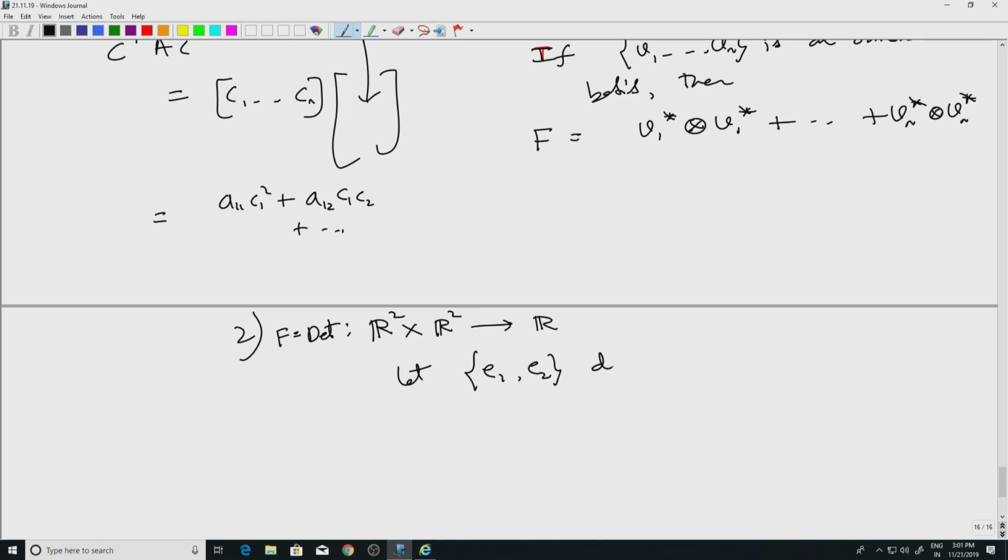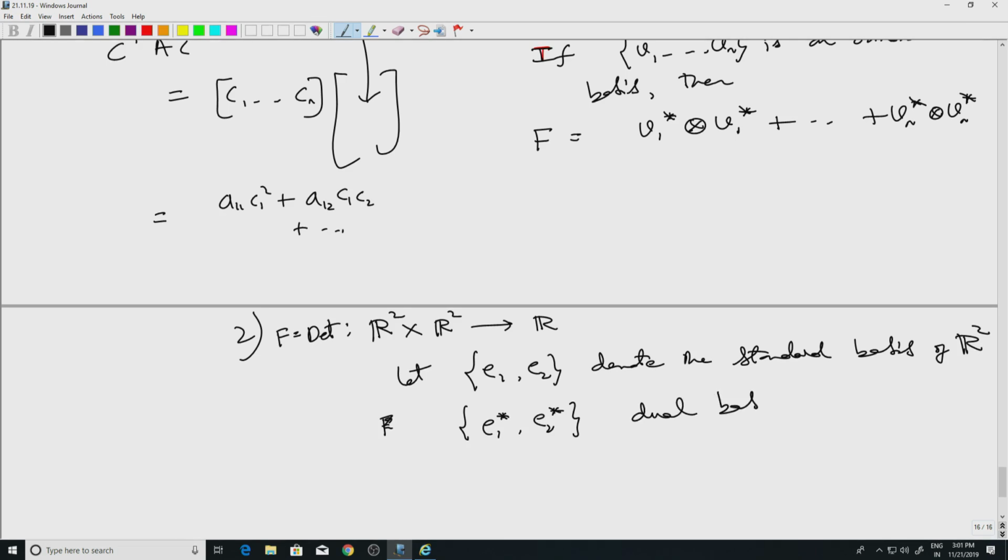E1, E2 denote the standard basis of R2. Now we want to write F in terms of the dual basis E1 star, E2 star.